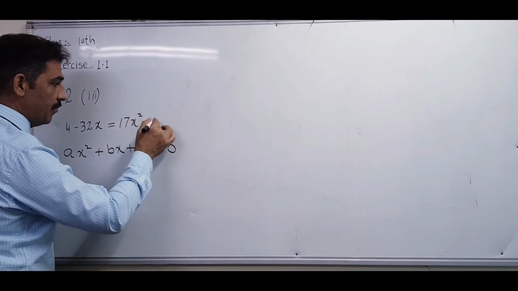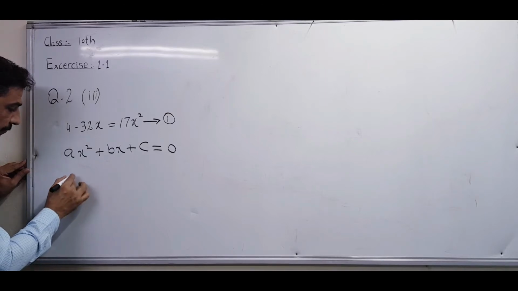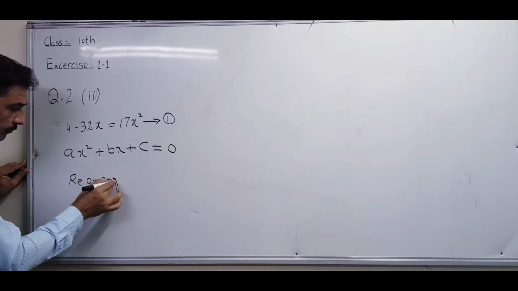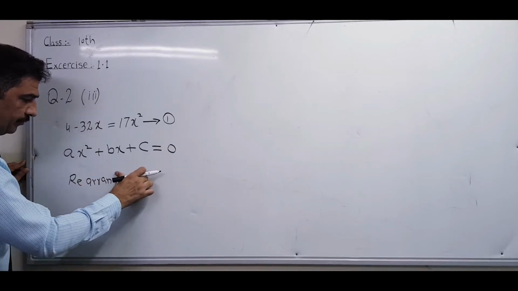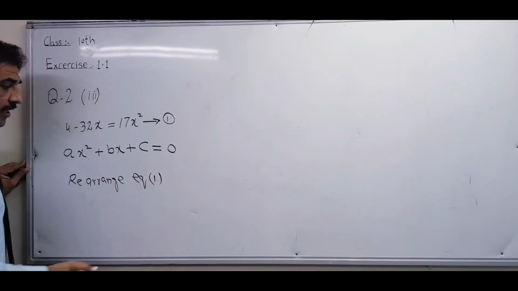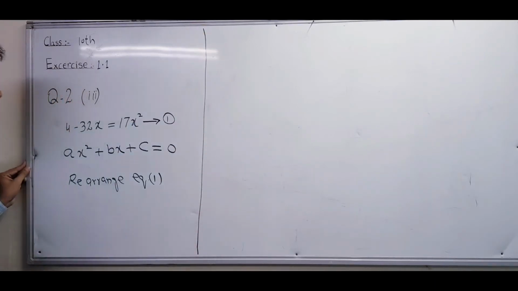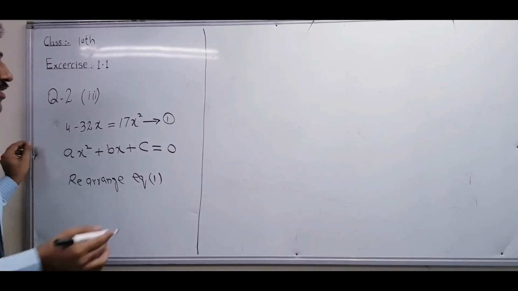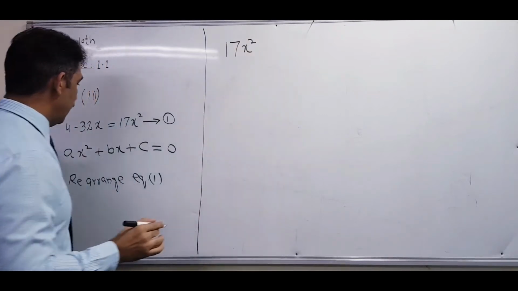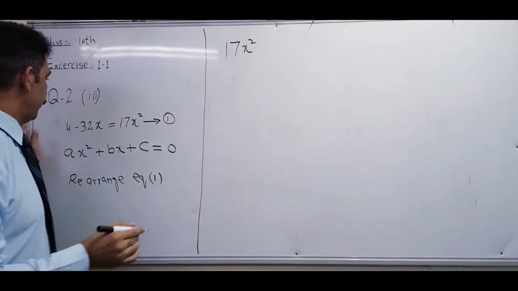I will name this equation equation number 1, and after that, from equation 1, I rearrange it. When rearranging equation 1, 17x square will remain the same, shifting the x term and the constant term to the other side of the equal sign.